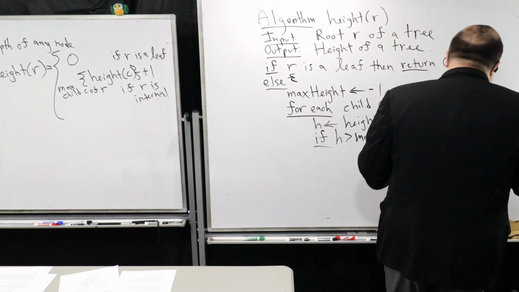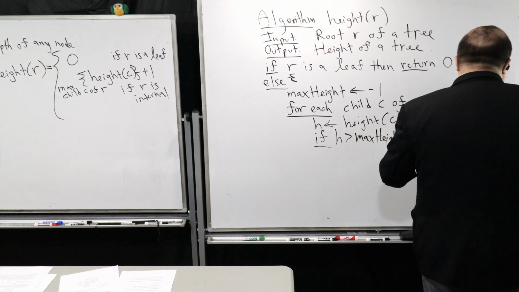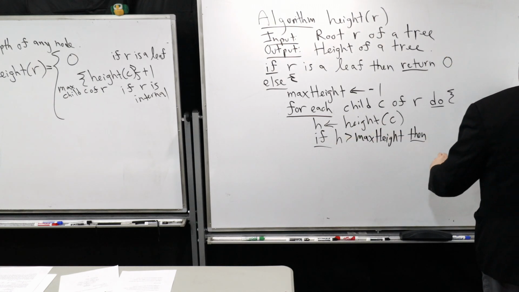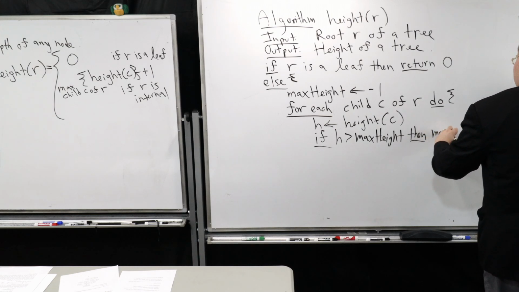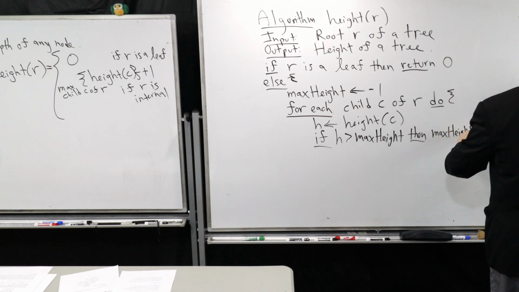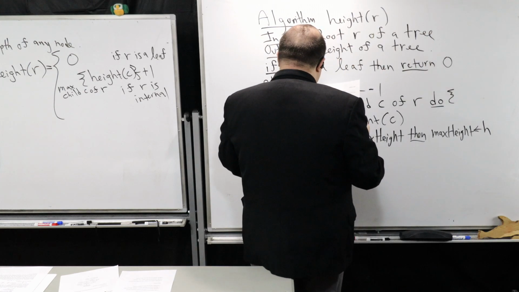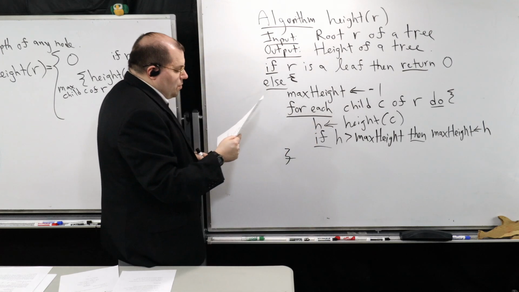Because if this is satisfied, that means I found something bigger. I found a larger height. So then I better update max height to be h, because I found a larger quantity for the height. And that's the end of the for each loop.